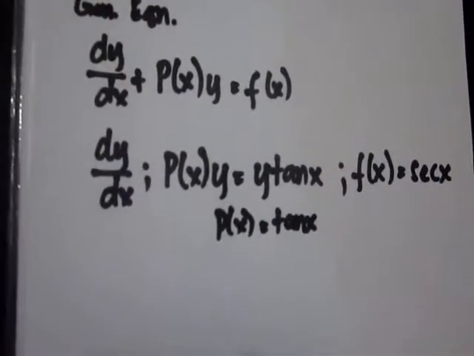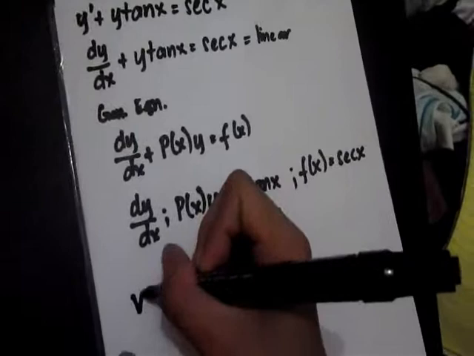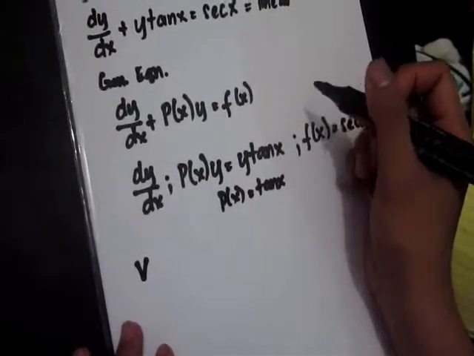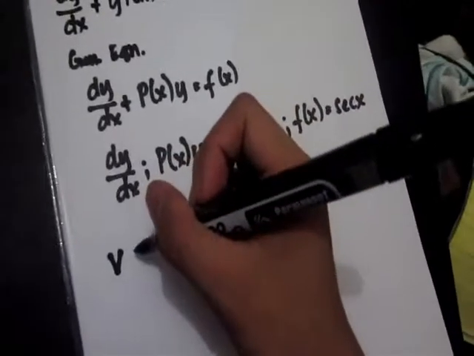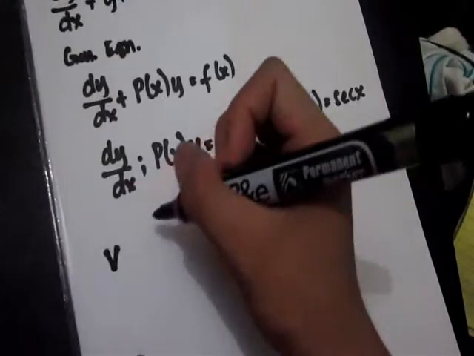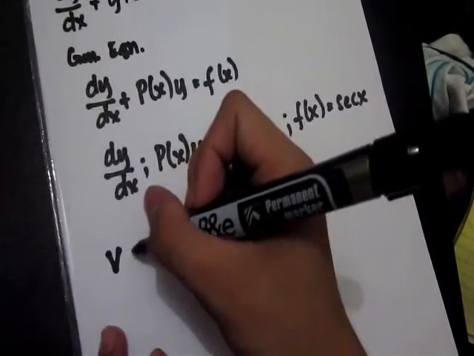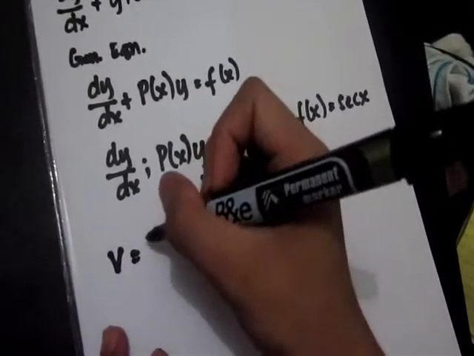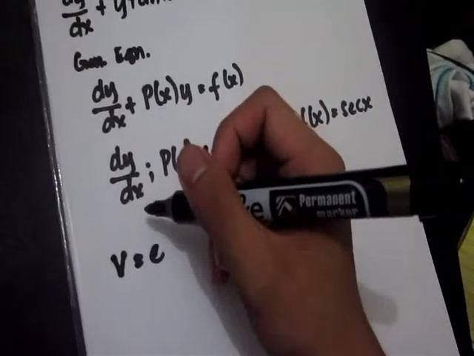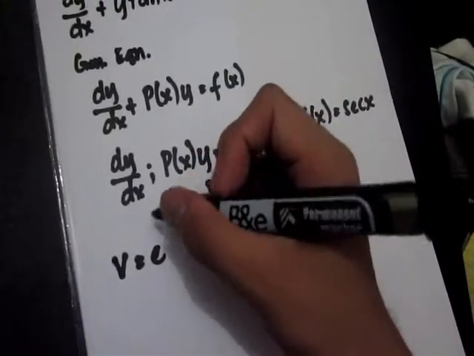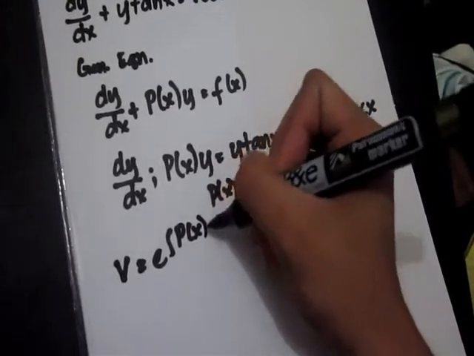The first step of solving a linear differential equation is obtaining its integrating factor, where we will use v as its representation. The basic formula for finding the integrating factor is the natural constant e raised to the integral of your p of x.